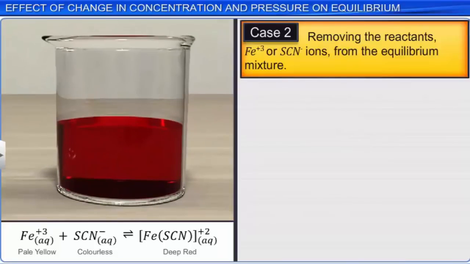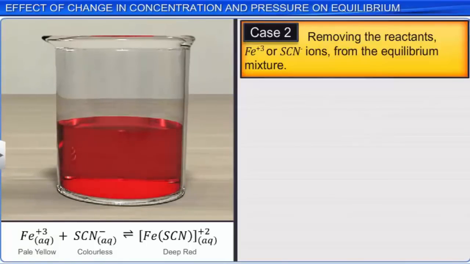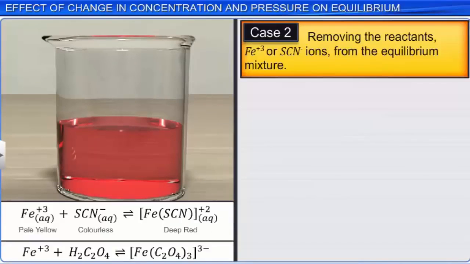You can see that the intensity of the red color of the solution decreases and the solution turns pale. Why does this happen? Oxalic acid reacts with Fe+3 ions in the equilibrium mixture and forms a stable complex, trioxalatoferrate(III) ion.